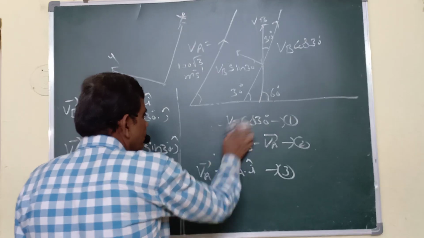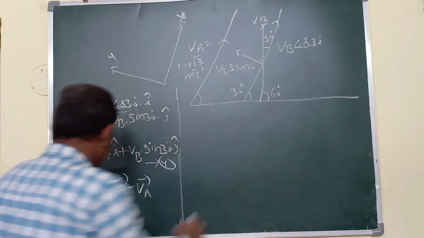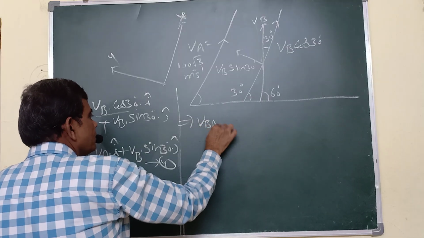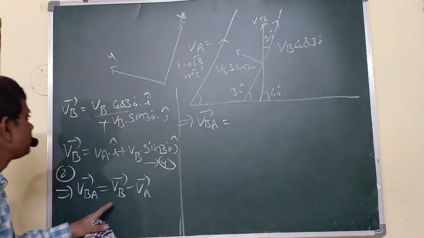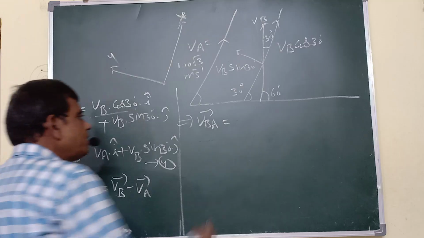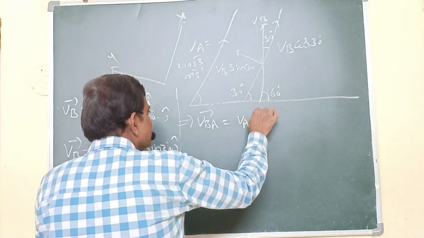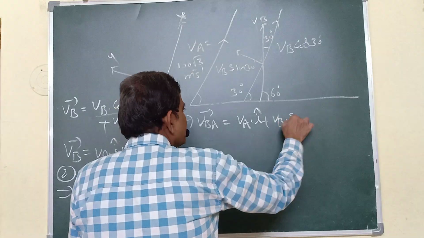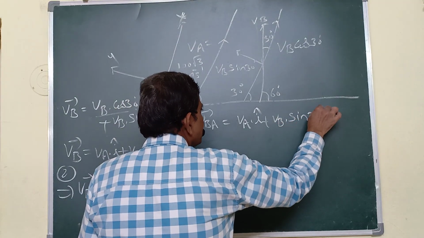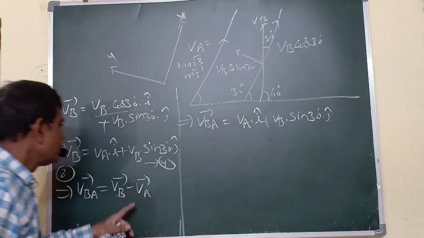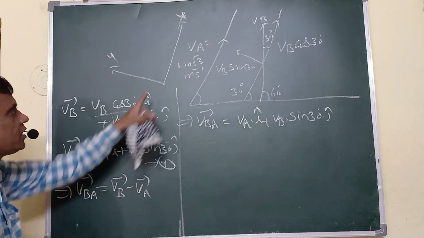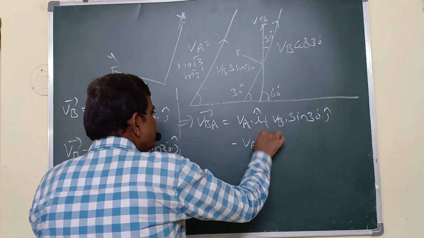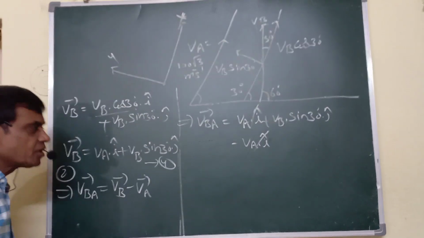Now, what is the VB value? This implies VBA equals to, what is the VB? VA into I plus VB into sin 30 J, minus VA means VA only, that is along x-axis, so minus VA into I. VA I cancel.